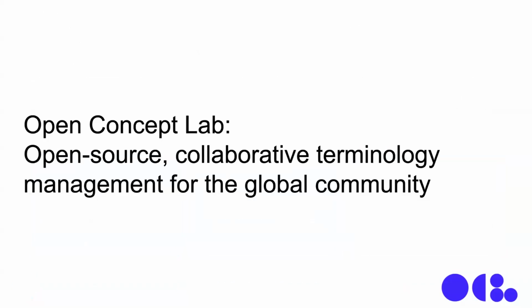Okay, so I just walked through quickly a number of examples, and now I'd like to take us through the Open Concept Lab, which is an open source product that is a reference implementation for the OpenHIE terminology service specification that has a unique approach to thinking about this. Not only is it open source, but it's collaborative.